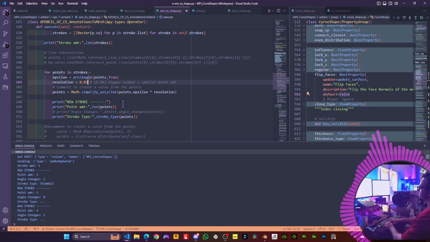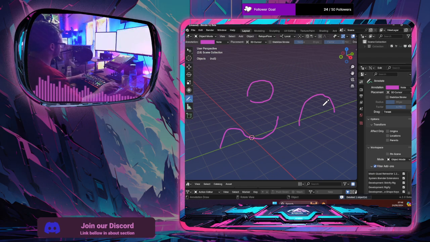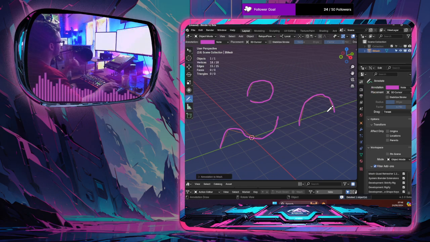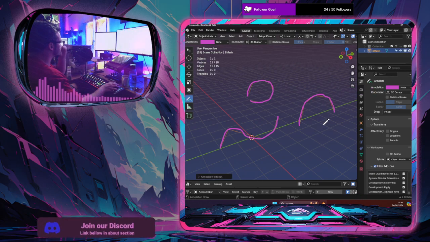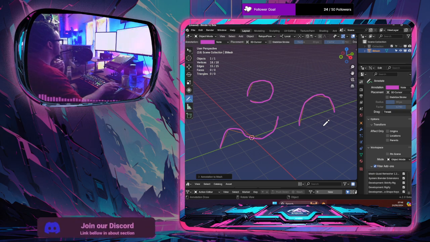A smaller number, bigger point amount. Yeah, more points now. Okay. So now we got, yeah, 2 circles and question mark. That's a bit better.